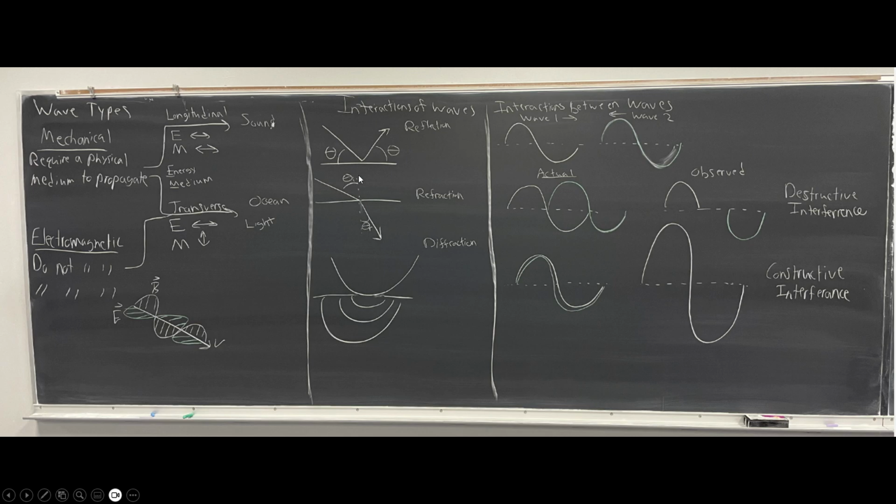And then what we want is the angle between our perpendicular axis and our ray of light. That will be theta I, the incident angle, and theta r, the refracted angle. Those two angles are rarely equal to each other.